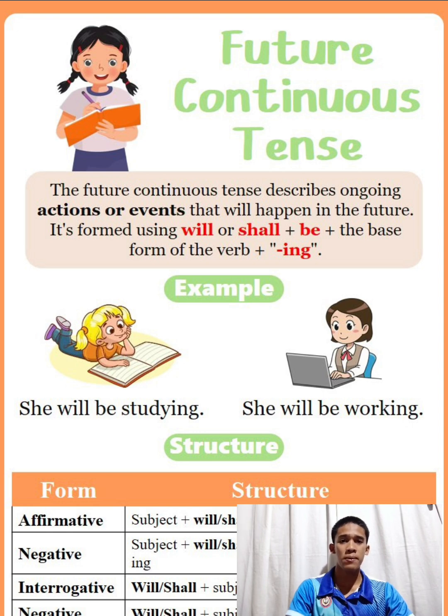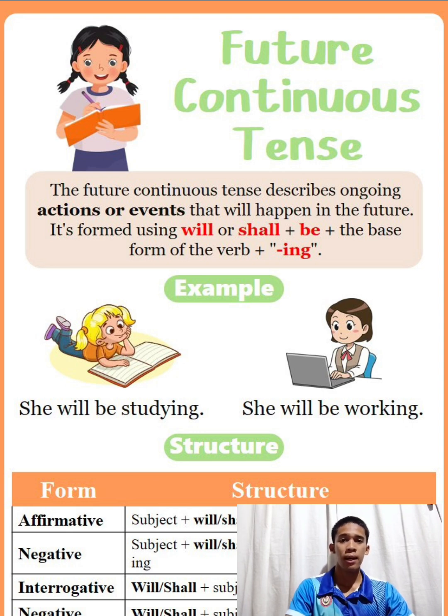It describes ongoing actions in the future and is formed by the subject plus will be plus verb. Here is an example for better understanding. At 4 p.m., I will be studying for the exam.